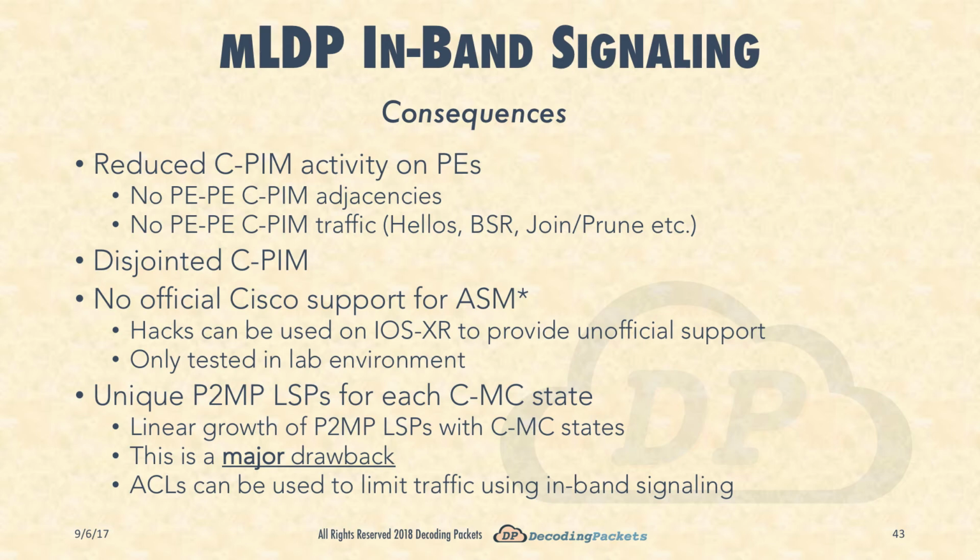So as you have more customer multicast states, S, G states, the P2MP LSPs are going to grow linearly with them. This, in fact, is a major drawback of this solution. Now, you can use ACLs to limit the traffic somewhat in in-band signaling. So what traffic can use in-band signaling can be covered with ACLs, but ultimately it's not really the most scalable of solutions.